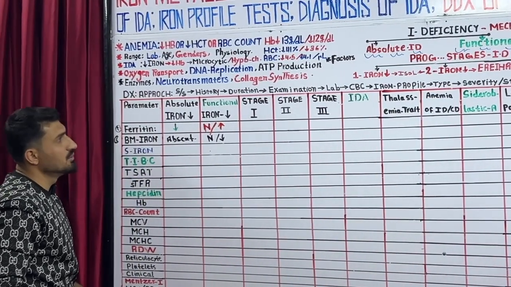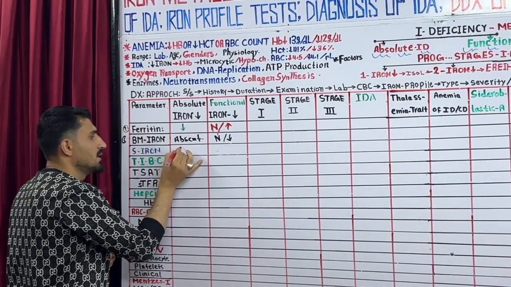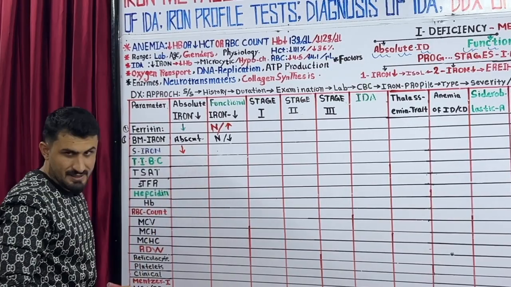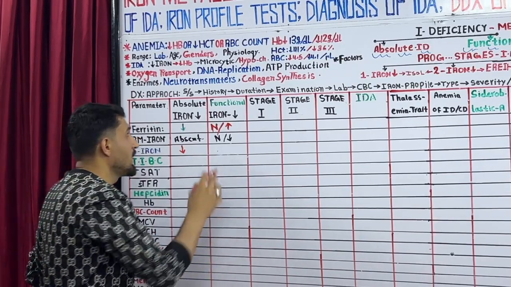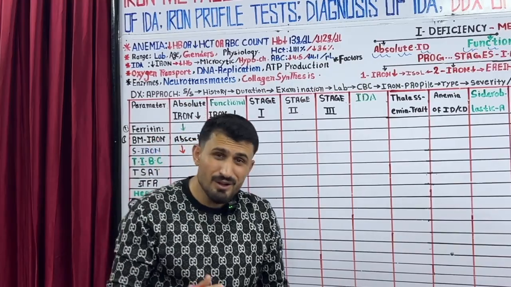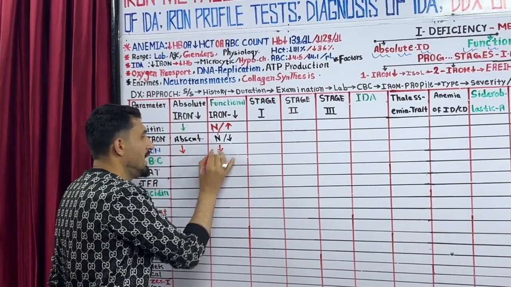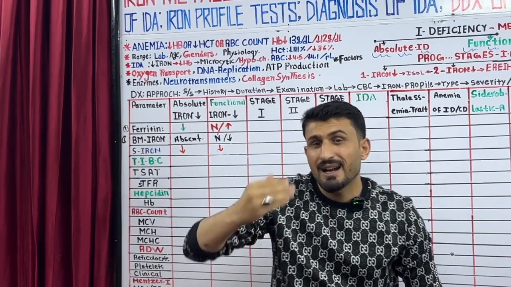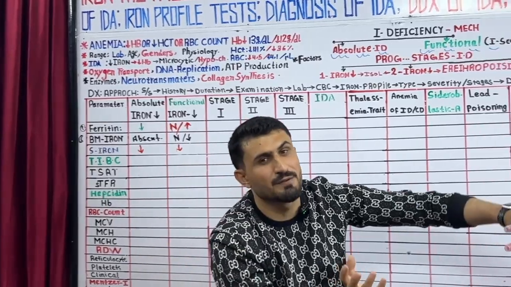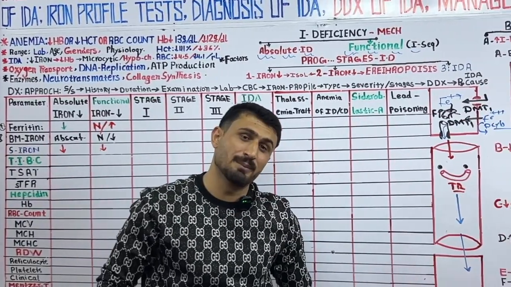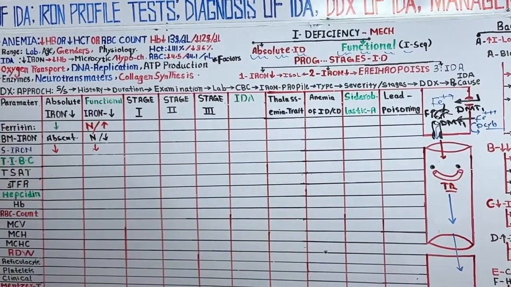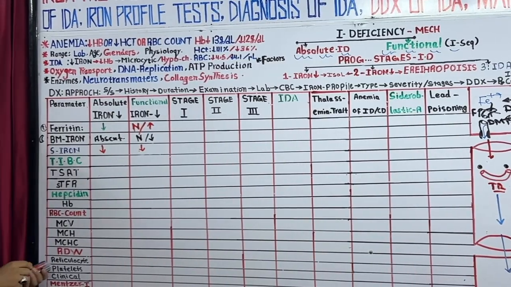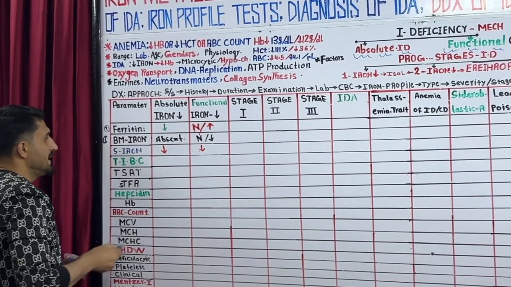In absolute iron deficiency anemia, the serum iron will be less because we don't have iron. And in functional it will also be less. Why? Because we cannot recycle the iron, we cannot transport it from one part of the body to the other part of the body. Okay, now come here to total iron binding capacity.